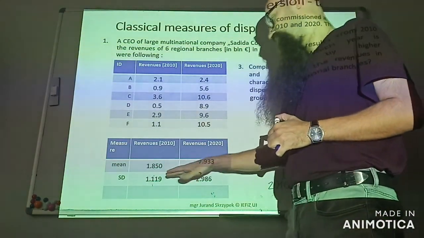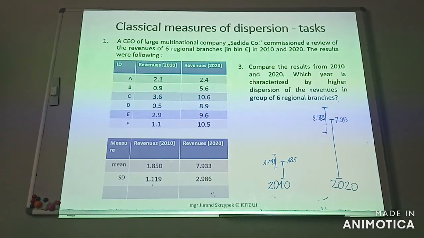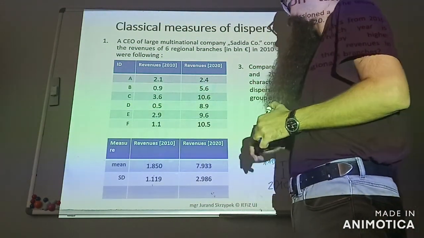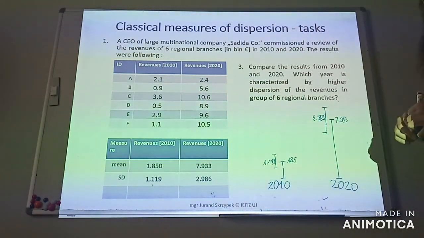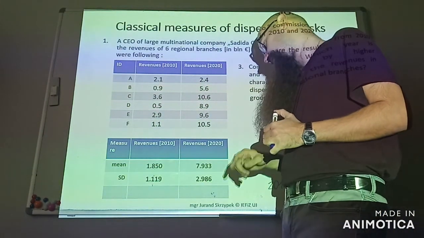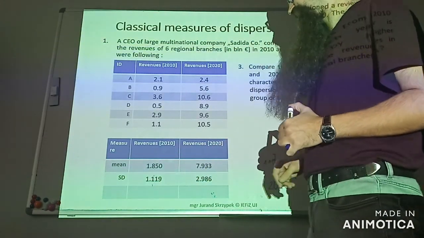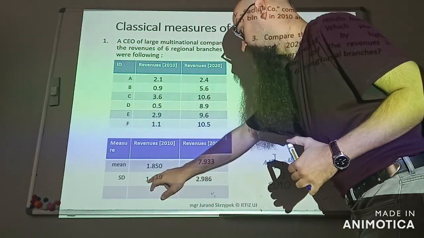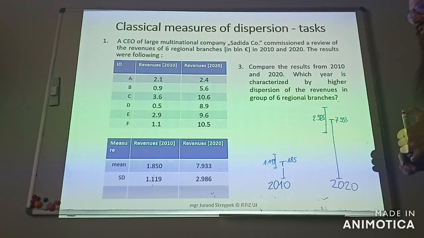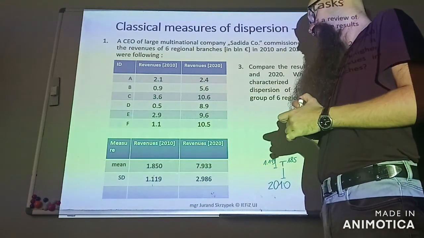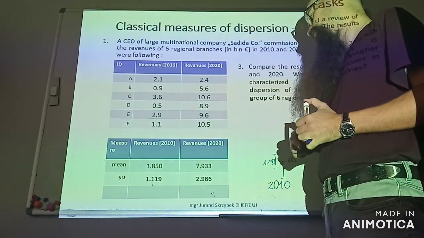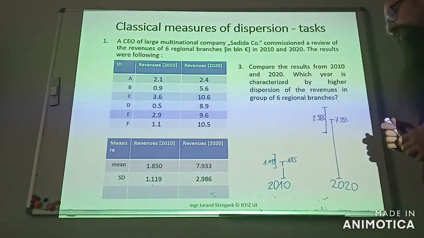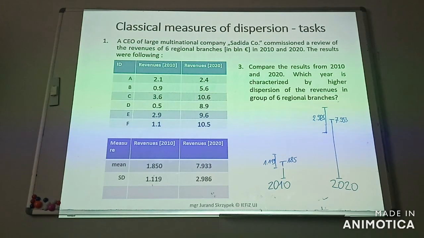We have computed the average deviation of the revenues values in 2010 and 2020 from the mean, and we see that the average deviation in 2010 was 1.119 billions euros, and the average deviation of the revenues values from their mean in 2020 is about 2.986 billions euros.